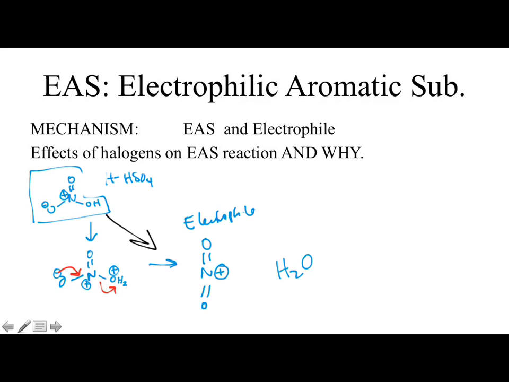Give me the mechanism to go from your starting material to your product. So that's one way I could ask a mechanism question. The other way I could ask a mechanism question is, given this piece, what's the product of that? So complete that arrow pushing.